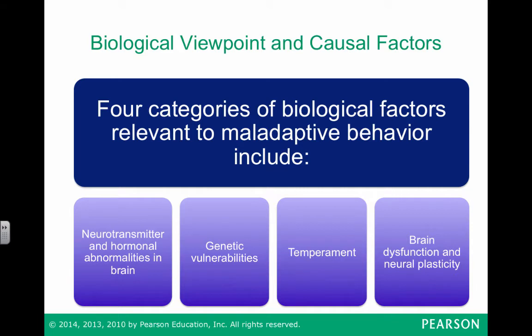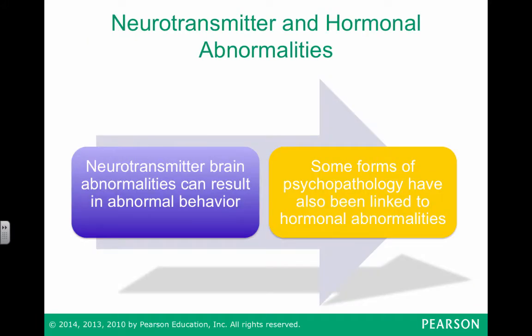When we look at the biological viewpoint, there's four categories that are believed to be relevant to maladaptive behavior: the neurotransmitter and hormonal abnormalities in the brain, genetic vulnerabilities, temperament, and brain dysfunction and neuroplasticity. When we talk about neurotransmitters in the brain, they play a large role in abnormal behavior.